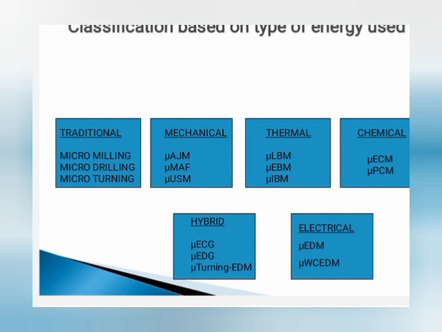In traditional: micro milling, micro drilling, micro turning; mechanical: micro abrasive jet machining, micro AF abrasive fabrication, and USM ultrasonic machining; thermal: micro laser beam machining, electron beam, and micro beam machining; and chemical: electrochemical machining; hybrid: ECG, EDG, turning EDM; and electrical: electric discharge machining, wire cut EDM. These are all the main classifications on types of energy used.